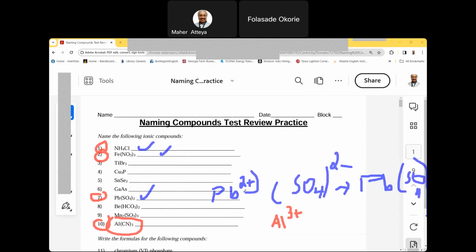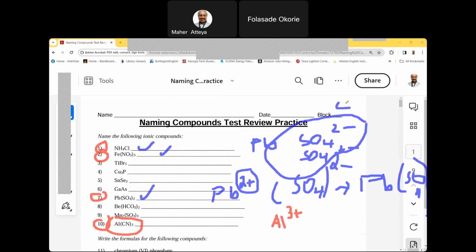Since you have 2 sulfates, SO4, both of them 2 minus, the total is 4 minus. So the lead has to be what? 4 positive, to compensate for this.